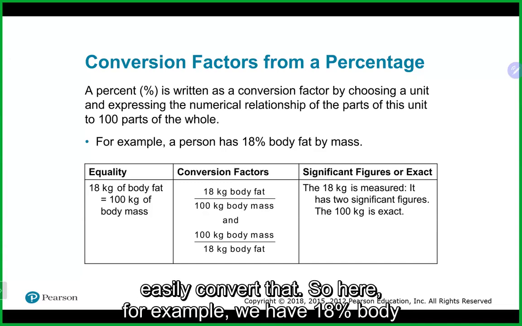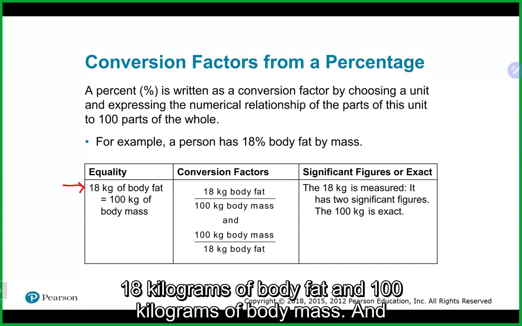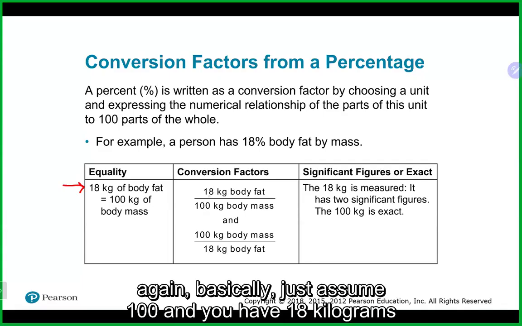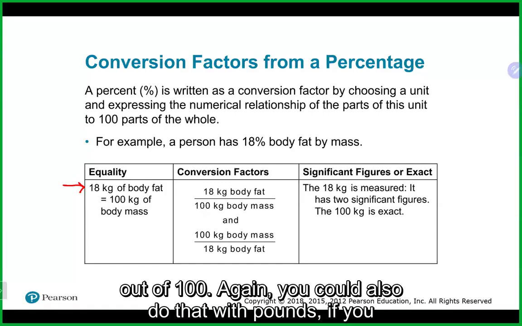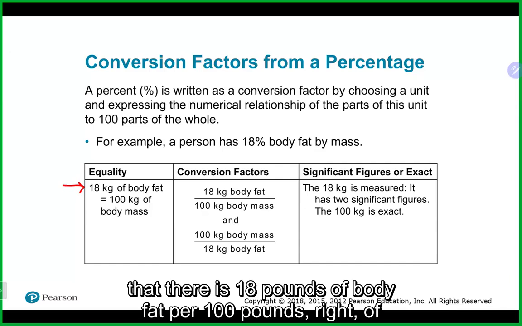So here, for example, we have 18% body fat by mass. That means, for example, one version of that is 18 kilograms of body fat and 100 kilograms of body mass. Basically just assume 100 and you have 18 kilograms out of 100. You could also do that with pounds if you wanted to in this situation. And that would mean that there is 18 pounds of body fat per 100 pounds of body mass.